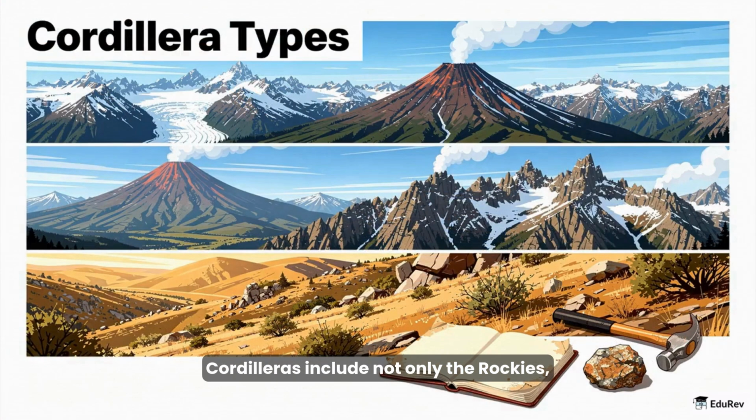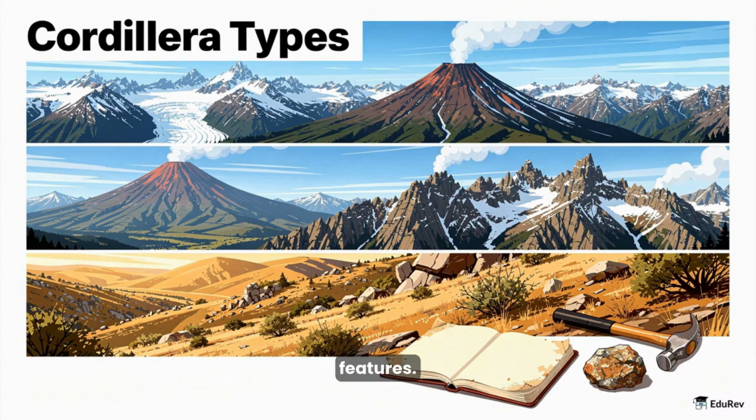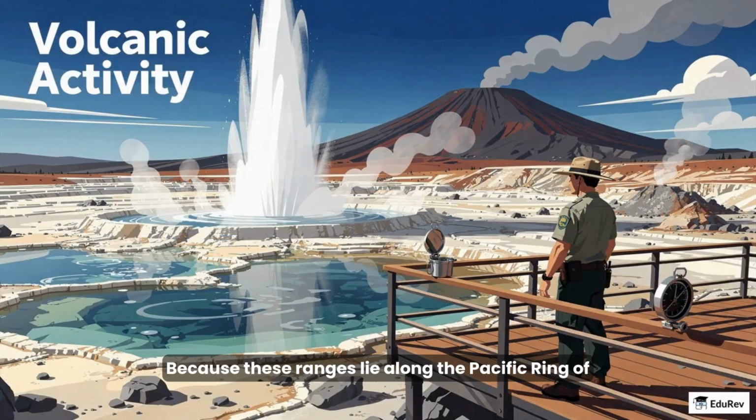Cordilleras include not only the Rockies, but the Alaska Range, the Cascades, the Sierra Nevada, and the Mexican Sierra Madre, many with volcanic origins and geothermal features. Because these ranges lie along the Pacific Ring of Fire, volcanic and seismic activity are frequent, and geothermal sites like Old Faithful in Yellowstone illustrate the underlying heat.